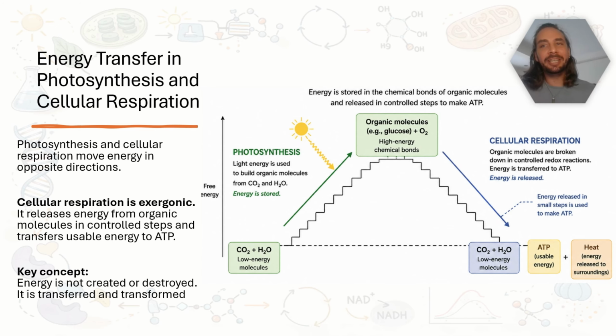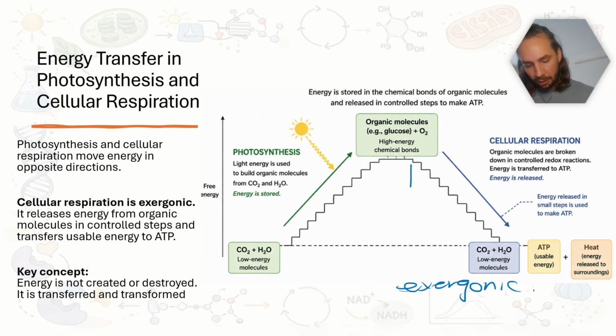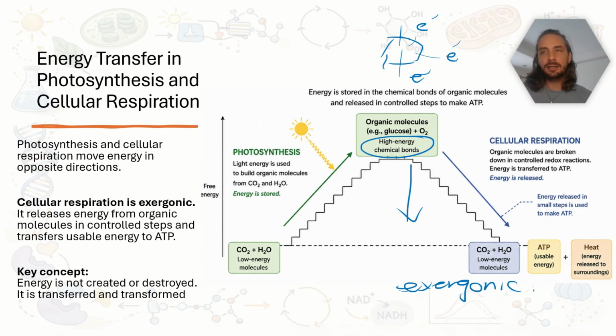Now, respiration, on the other hand, is exergonic, meaning that we are falling in energy levels. We take these high energy chemical bonds that we've created and slowly start breaking them down step by step to release those high energy electrons. Then the energy is released so that we can use it to create ATP energy for our cells.